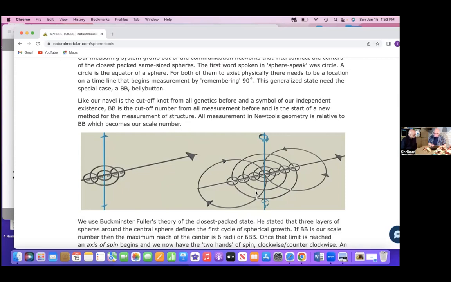When you have the third layer, that gives you the axis of spin. There's always this spin happening, like you saw in the equator here, going counterclockwise on this one, but on the other hemisphere, the Coriolis effect has an effect on geometrical systems, so it will go in the opposite direction.